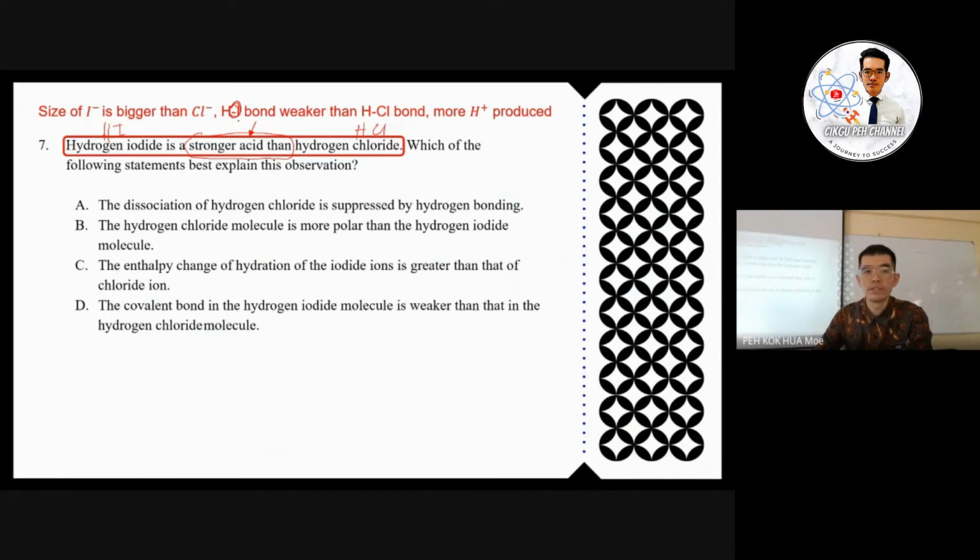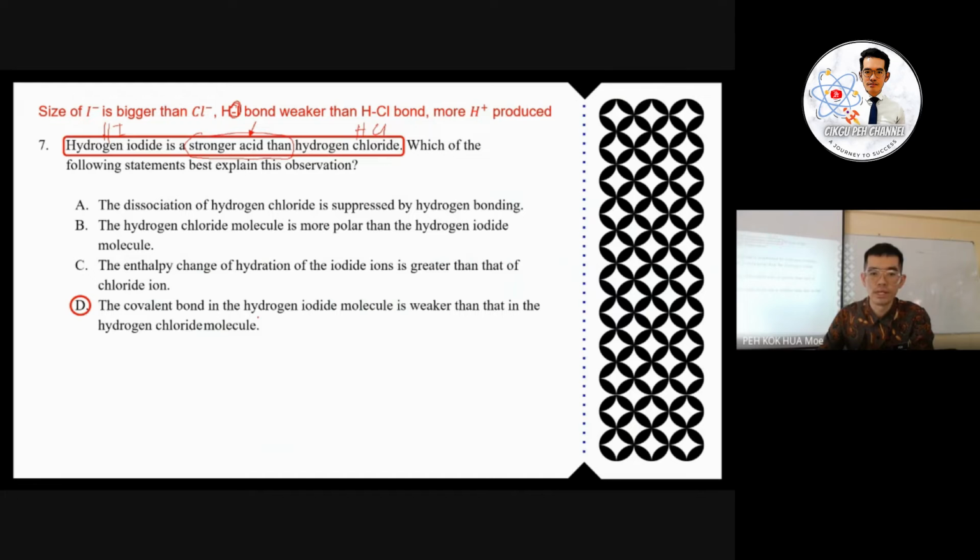So HI tends to produce more H+ ion. For acidity, the more H+ ion produced, the stronger the acid. So we have to discuss the bond between the halide and hydrogen. The answer here will be D.